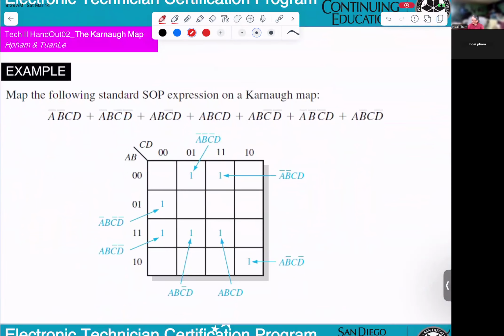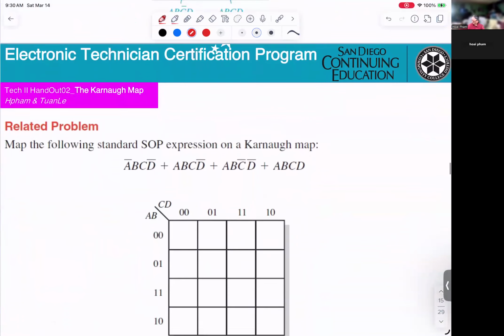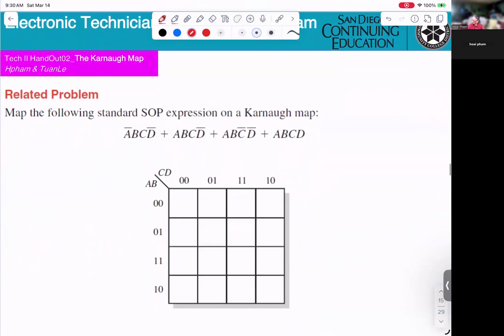Now map the following. So you can see they are mapping not A, not B, C, D to a 1 location in the K-map. Same thing.